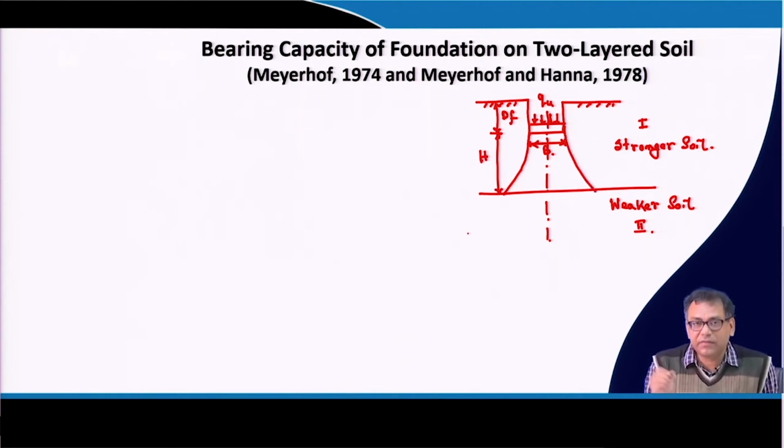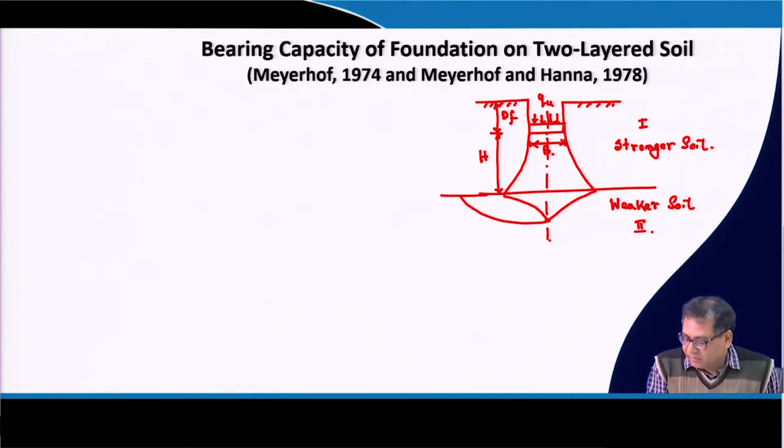This is in the first layer, the stronger layer. Remember that if the H value is small, the second layer will be influenced. And this is the failure surface. This is the probable failure surface in this case.